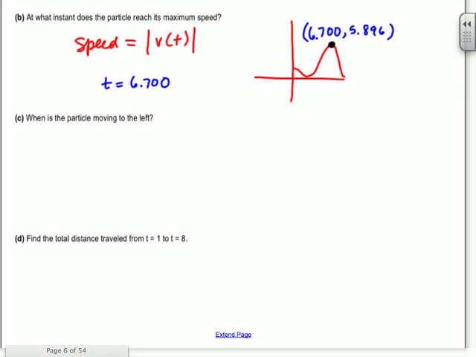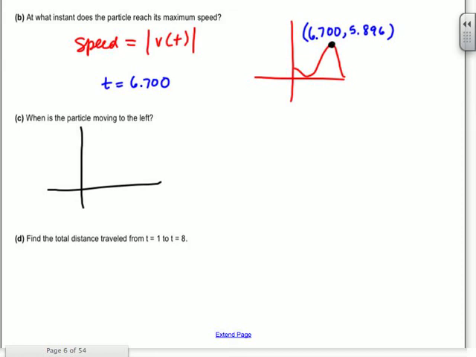Okay, when is the particle moving to the left? All right, this is a little bit harder. So go back to your y equals, and let's get rid of the absolute values. So delete the absolute value. You might have to delete that last parenthesis if you had a closer.